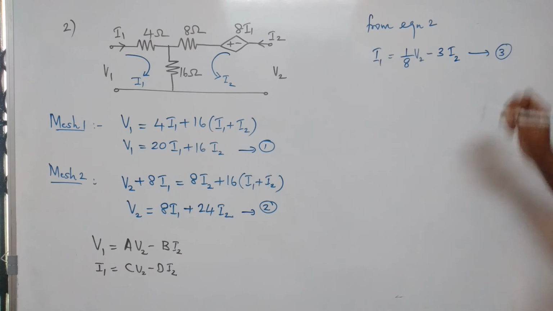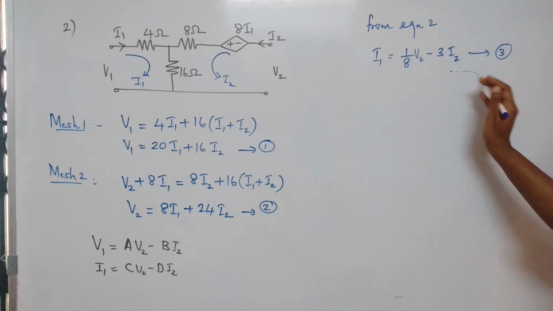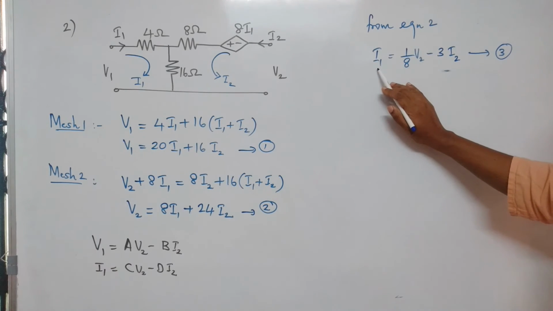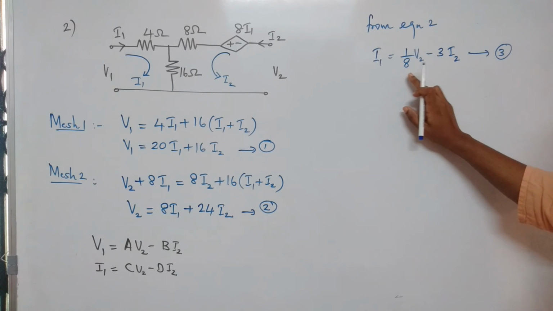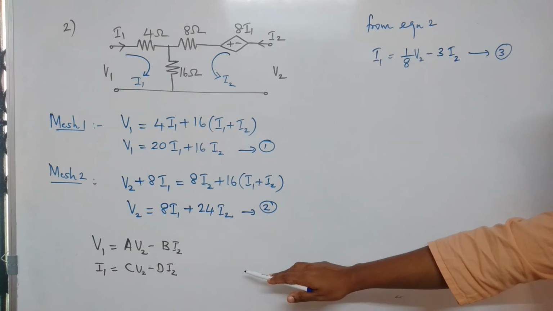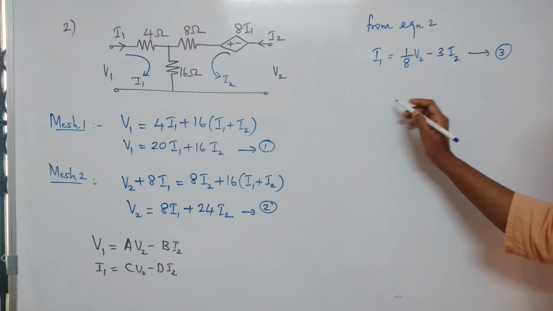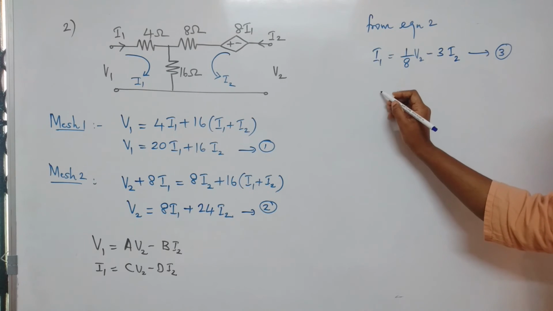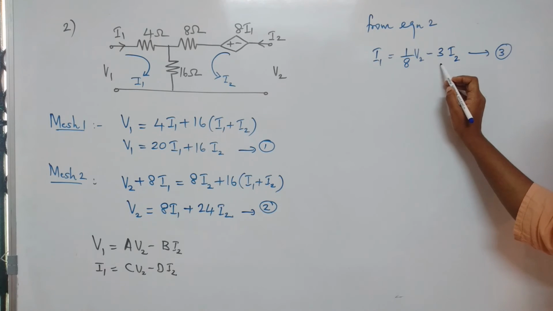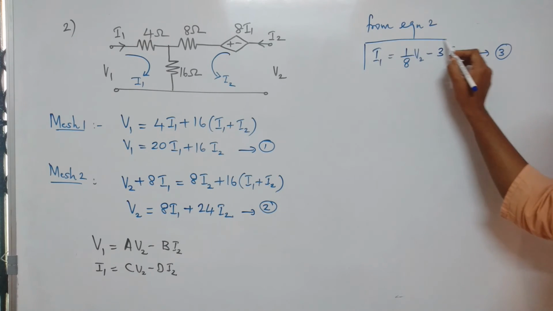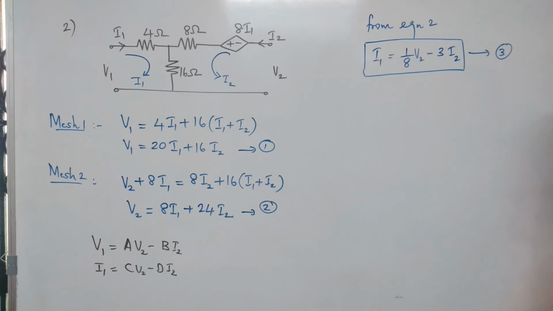This is equation number 3. Now this is in standard form, I1 in terms of V2 and minus I2. So we can compare this with the describing equation which we have written there. So from comparing those two, we can write C is equal to 1 by 8 and D equal to 3. So this is one equation which we got.